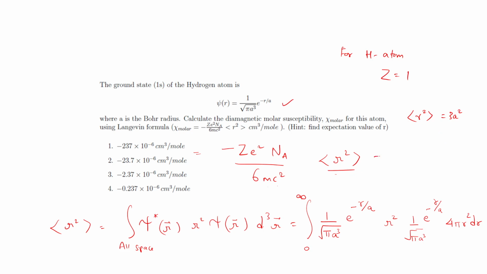So you just put this, so minus z square e square a and 3a square over 6 m c square. Okay, and you put everything and you will get your solution as this. So this will be your solution, when you put everything.